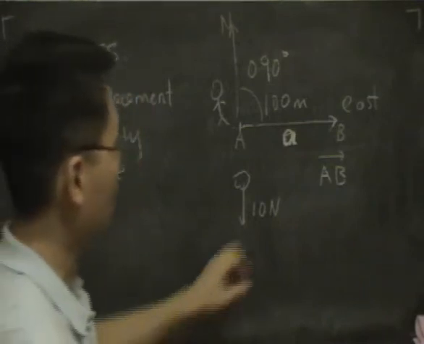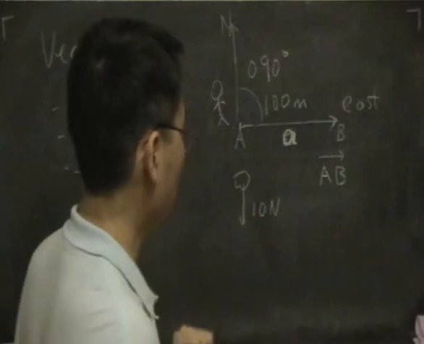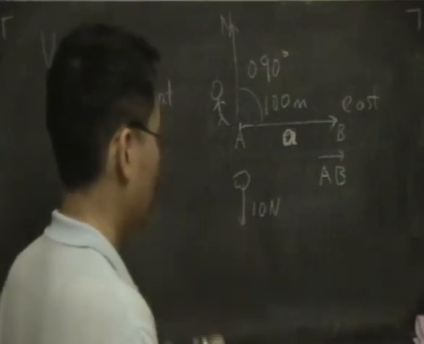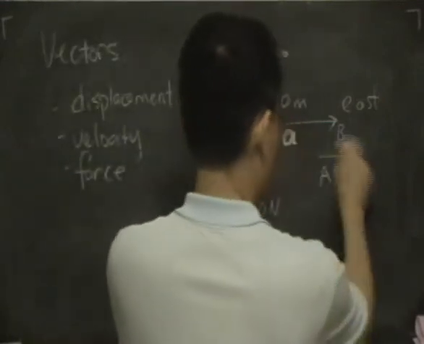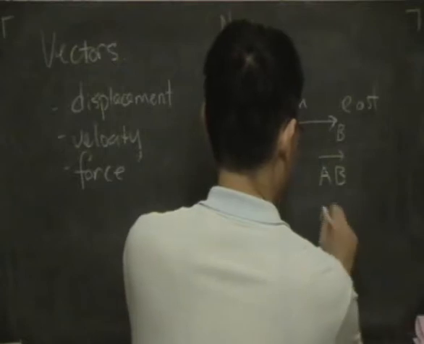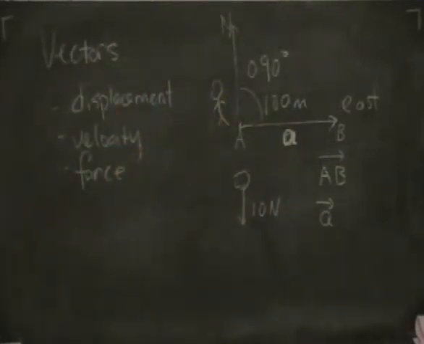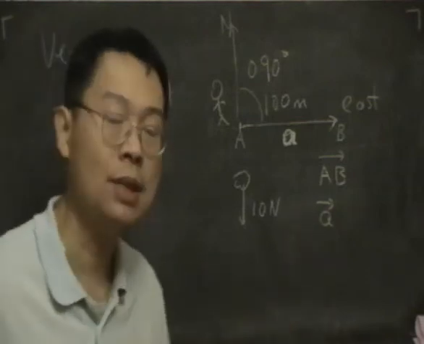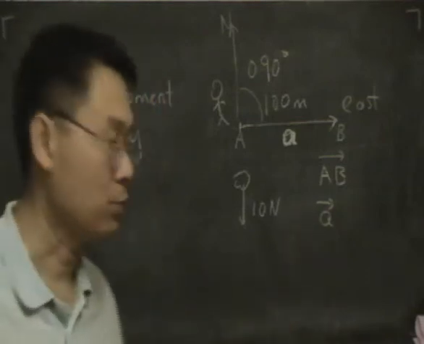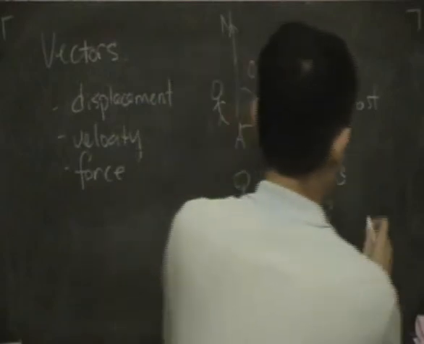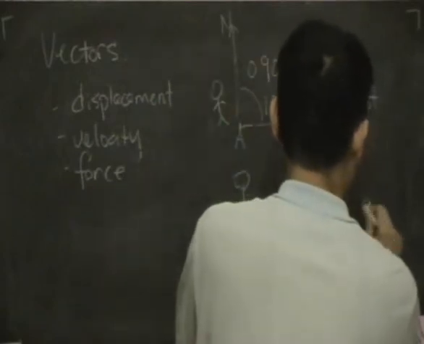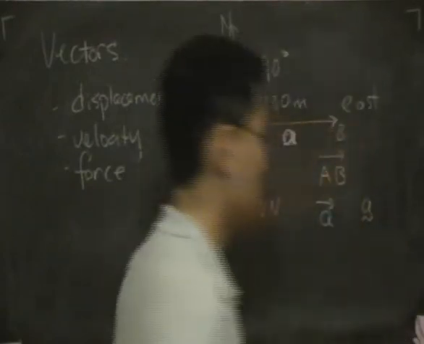So there are a few ways to represent a letter which is a vector. One way is to use the same arrow, so I can do A with an arrow on top. That's one way you can write it. You see this in books as well. Another way I can write it is I can write A with a squiggle at the bottom.